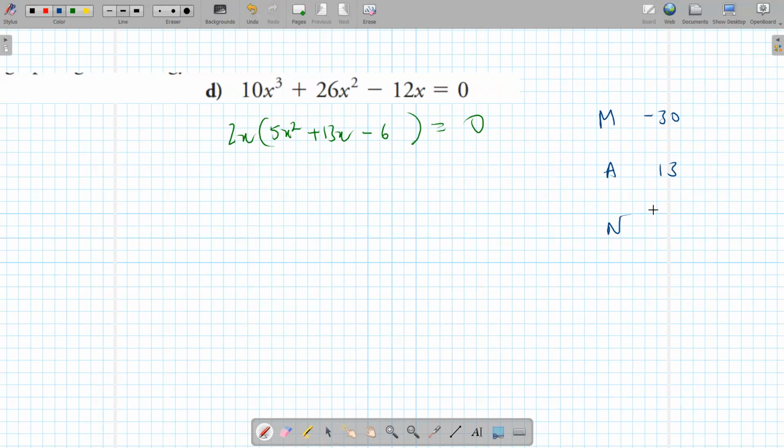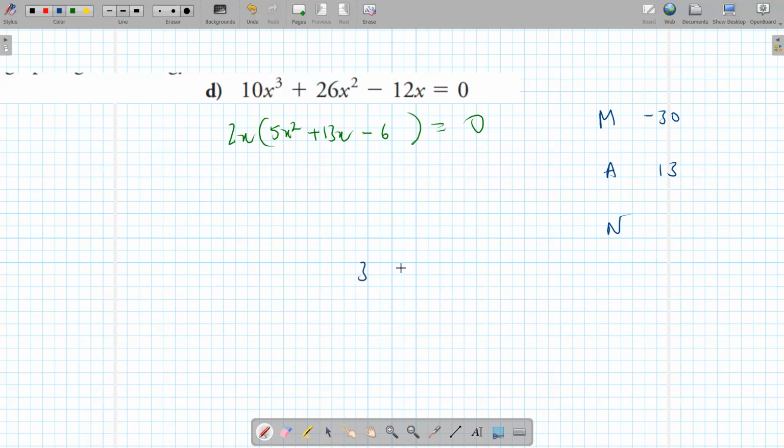Negative 3 and 10? But then that doesn't add up to 13. Yeah, it's not negative 3 and 10. There's something else. Think. It's not 6 and 5.